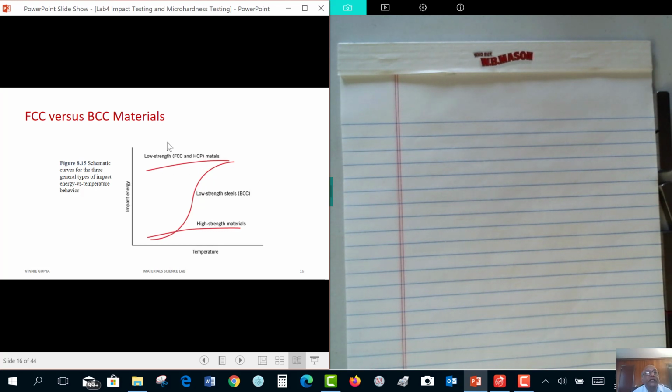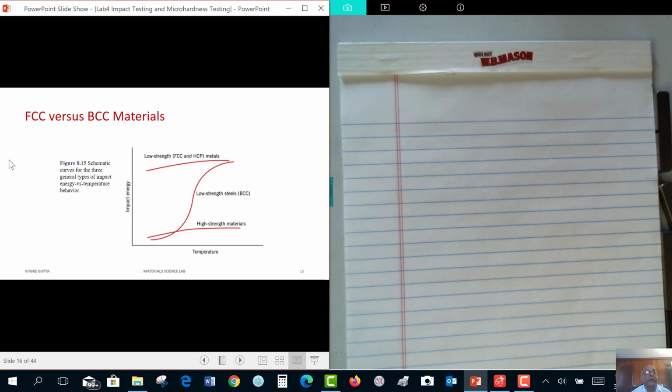These low strength materials are very ductile. Since they are very ductile, they also have high impact toughness. And it appears FCC and HCP materials have high impact toughness, and therefore they may show a transition, but they don't. Only these BCC materials show this transition. Now, in this particular case, imagine they may have a ductile to brittle transition, but the transition temperatures may be far too low, much lower than even the service temperature.